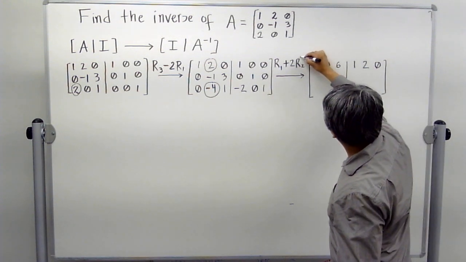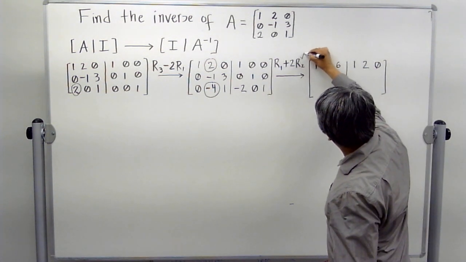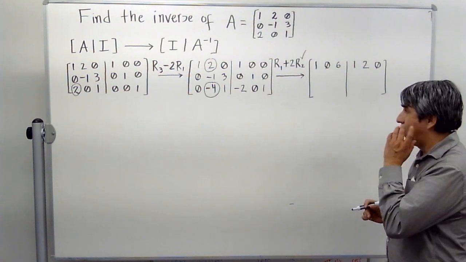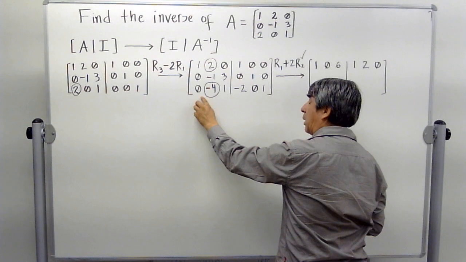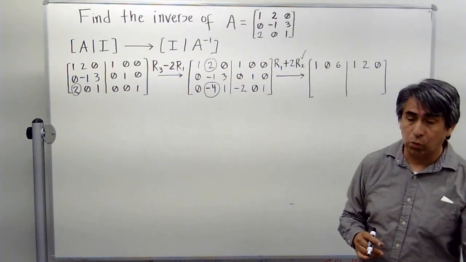So we're done with that row operation. Now, to get rid of the negative 4, I need row 3 minus 4 row 2.